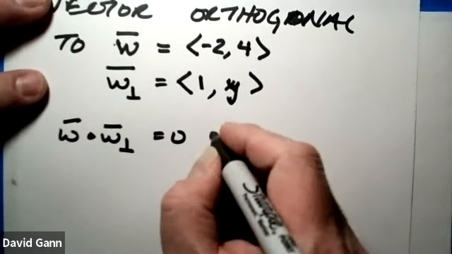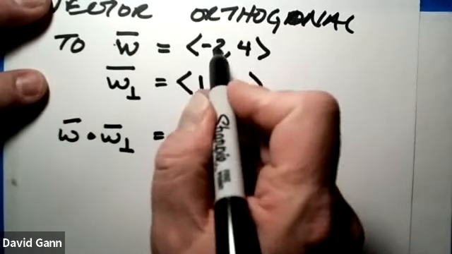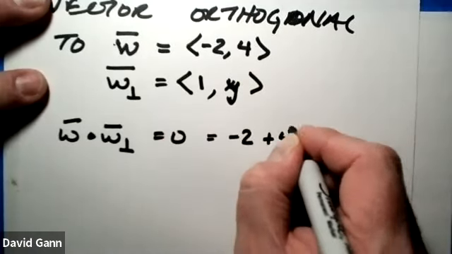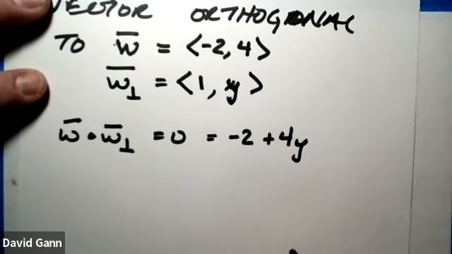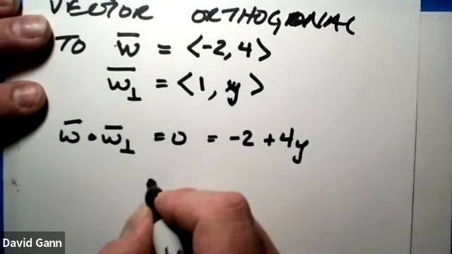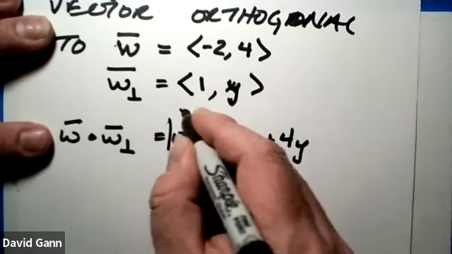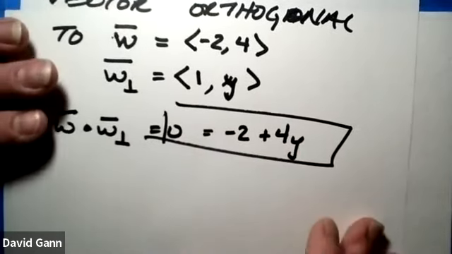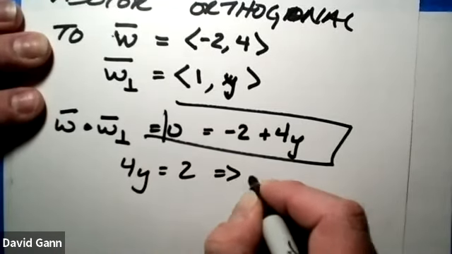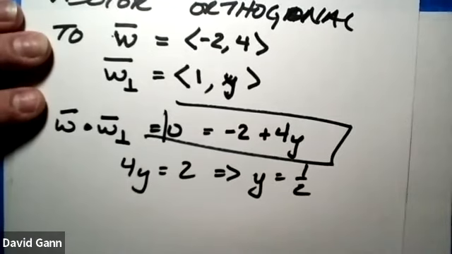We know that the dot product is equal to the product of these components. So that's -2 plus 4 times y, right? And now we just solve this. We'd get that 4y is equal to 2, so y equals 1/2.